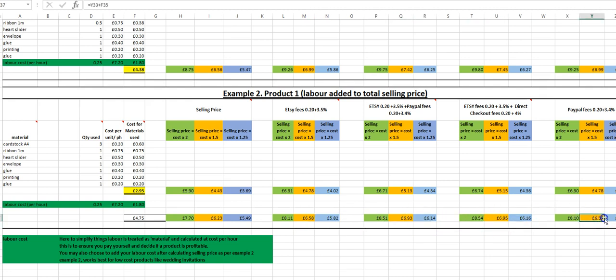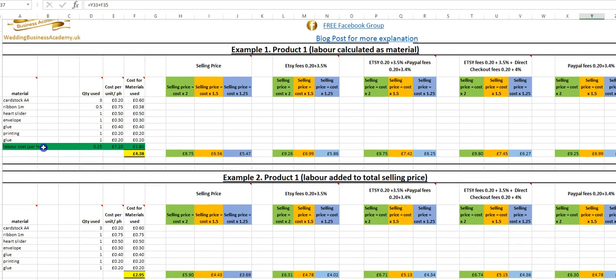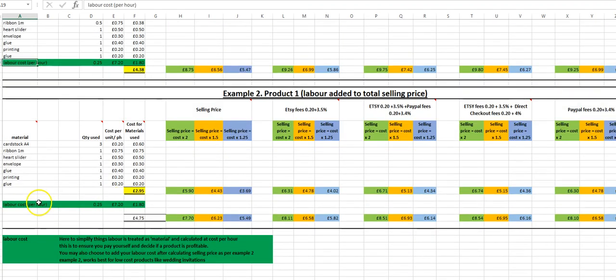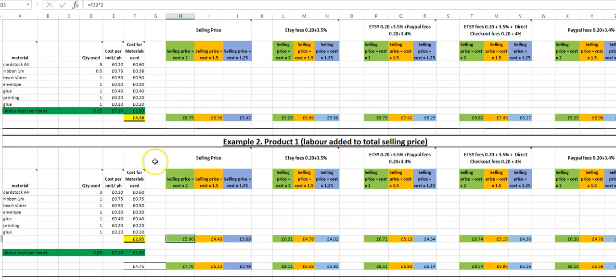Depending on what business you're in, you might decide to add your labor cost as part of your material calculation, or after. You can add your labor cost to your total selling price instead, like here. And again, you have a choice of using a formula of selling price equal to cost times 2, or cost times 1.5, or cost times 1.25.